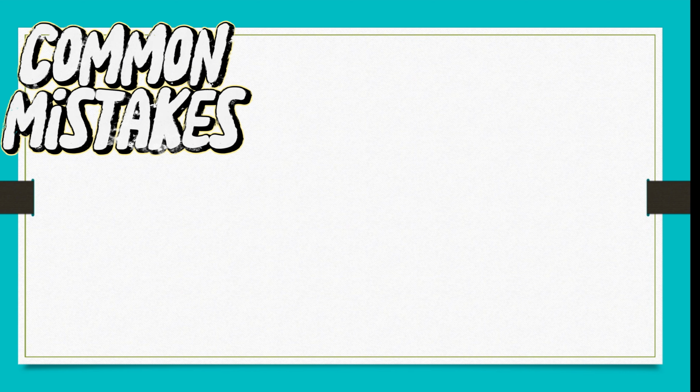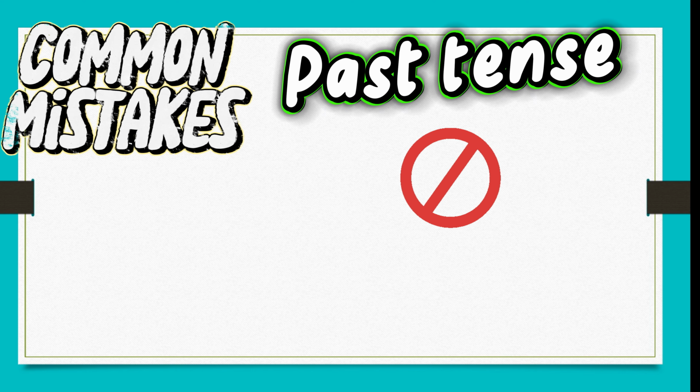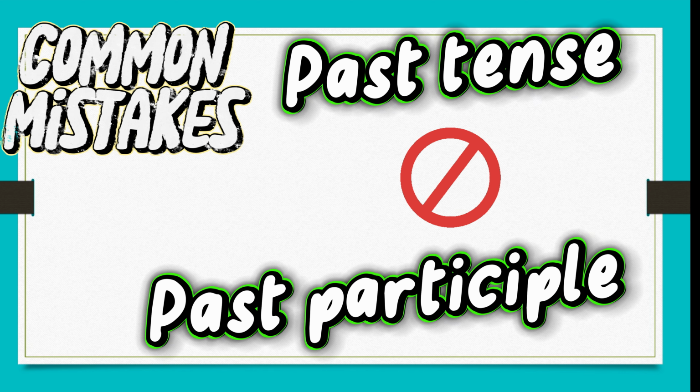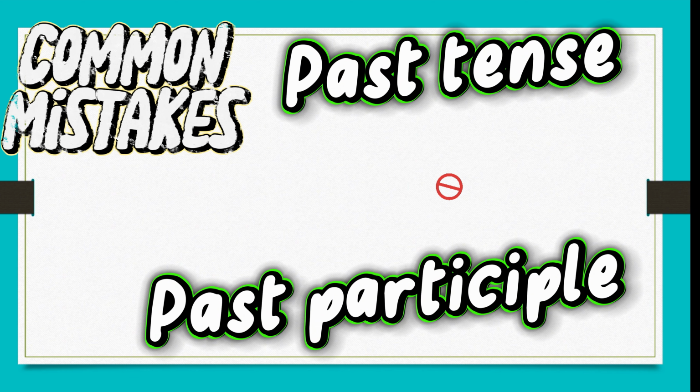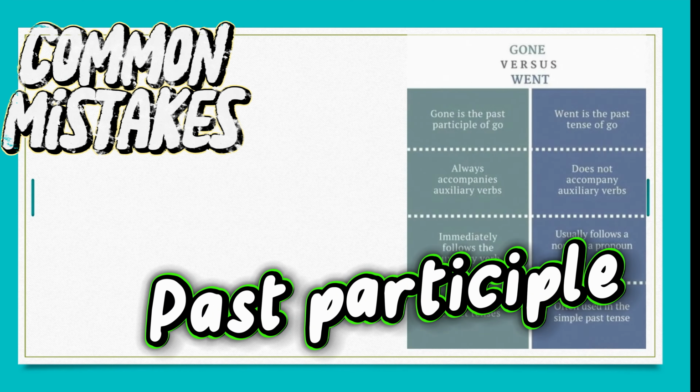Before we wrap up here, let's quickly go over some common mistakes people make with verbs. One common mistake is confusing the past tense with the past participle. For example, "I have went" is incorrect. It should be "I have gone." Another mistake is using the wrong form of verbs with the subject.